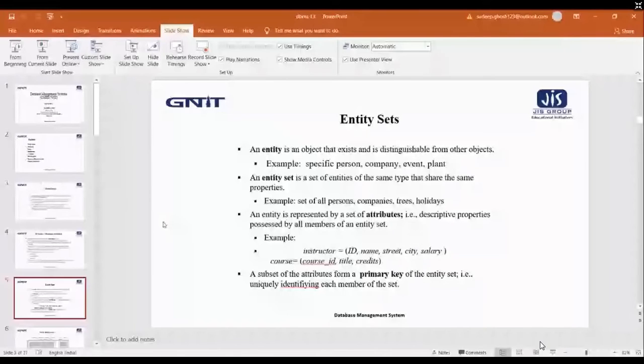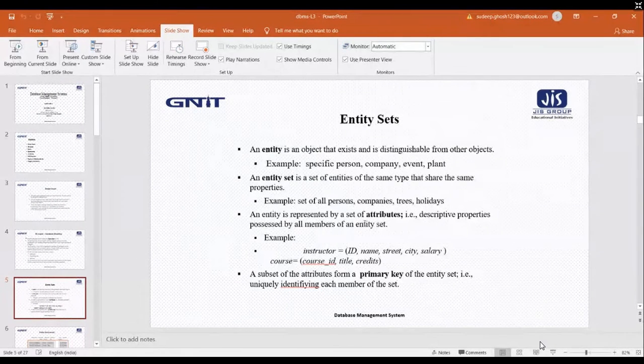An entity is an object that exists and is distinguishable from other objects. An entity set is a set of entities of the same type that share the same properties. That is written here: the set of all persons, companies, trees, holidays. Those are entity sets or entity types.